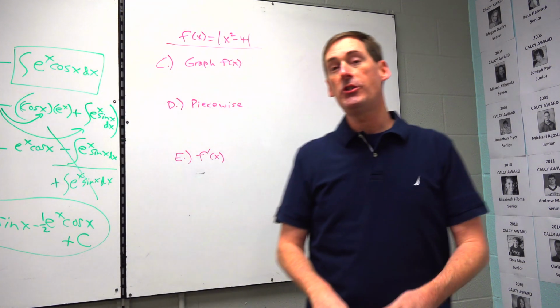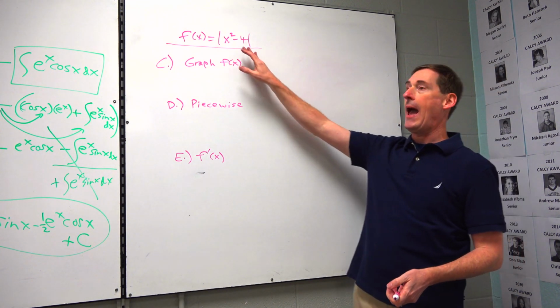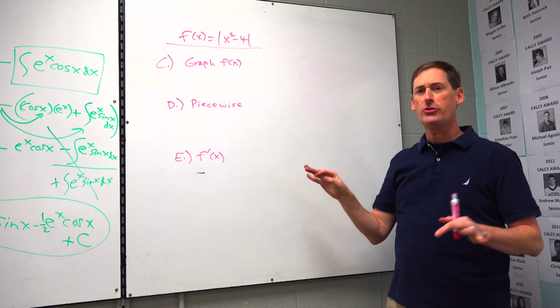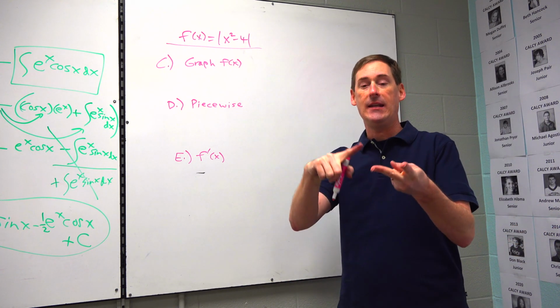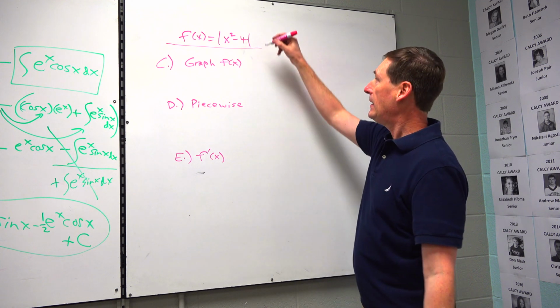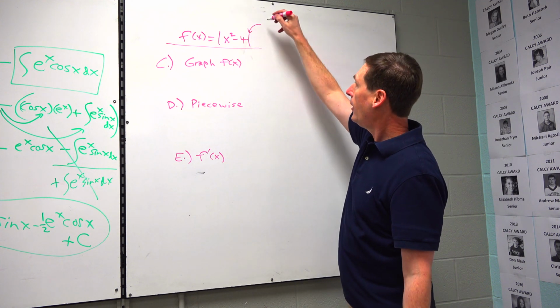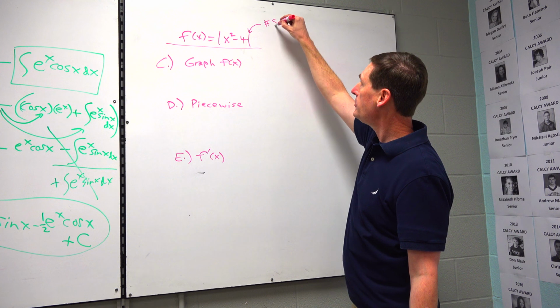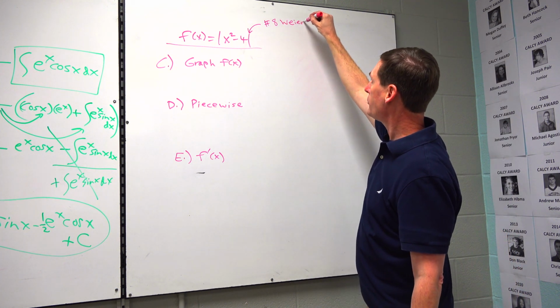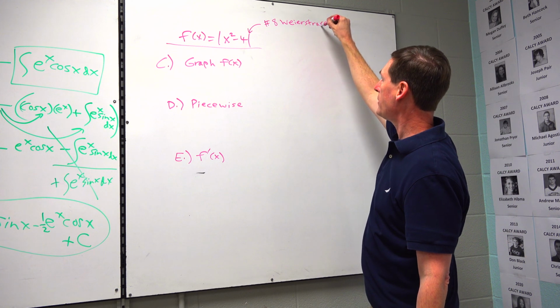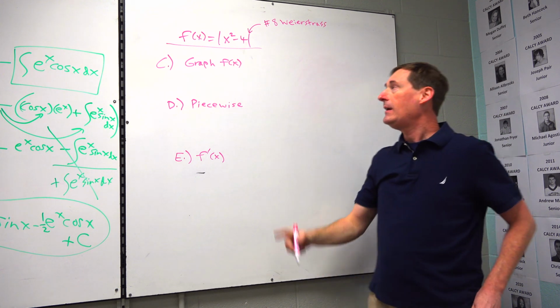Now, the last thing we'll discuss in chapter 4 will be absolute values, because those functions are kind of a little funky, so you have to be able to take the derivative and integrate absolute values. Now, the absolute value bars were first proposed by number 8 ranked Weierstrass, a German mathematician, obviously with a name like Weierstrass, right?